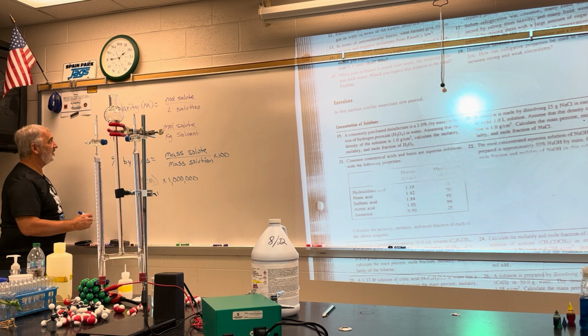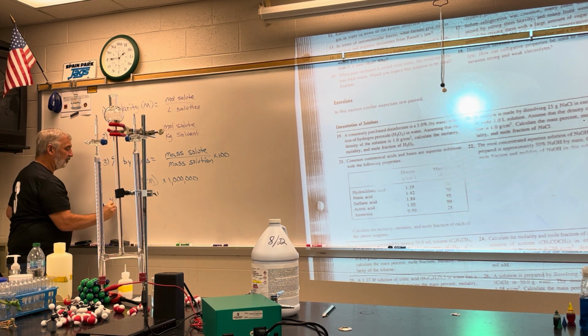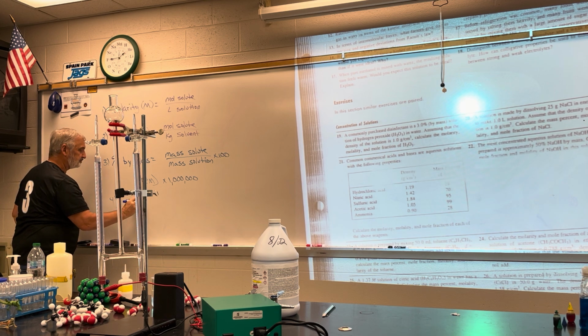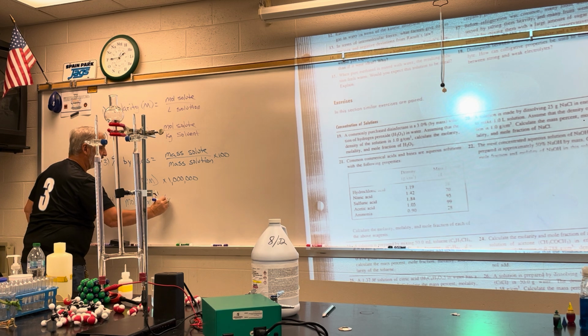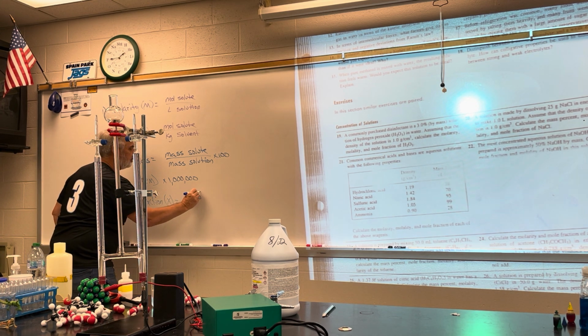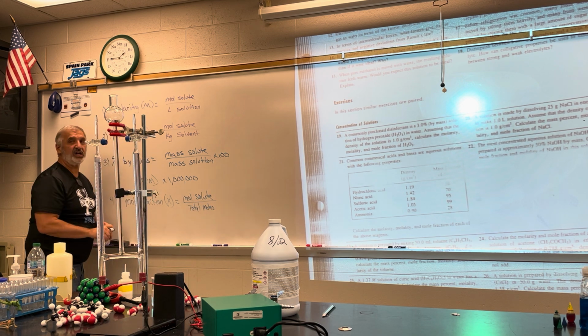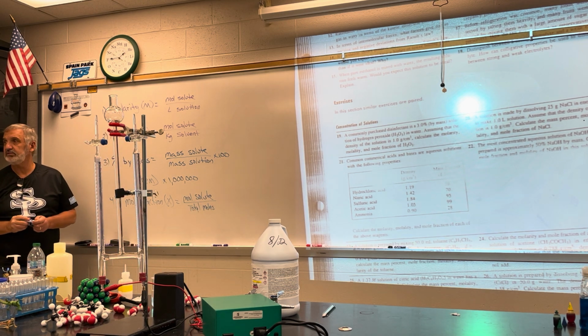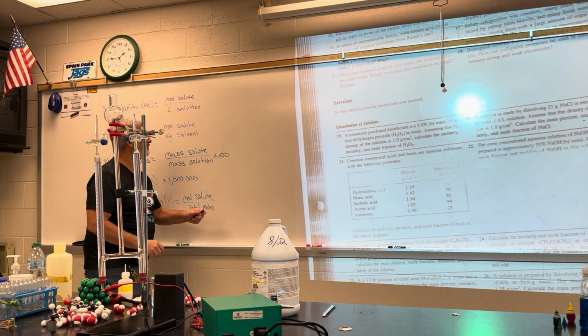ppm. And then this is 1, 2, 3, and then 4 is mole fraction, which for some reason or other they use X, which is going to be moles of solute over total moles. And total moles is going to be moles of solute plus moles of solvent. All right, so these are the 4 different ways we can measure.